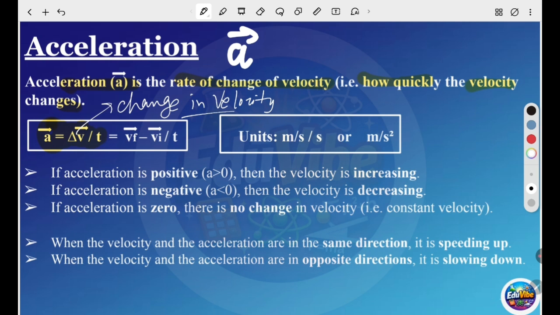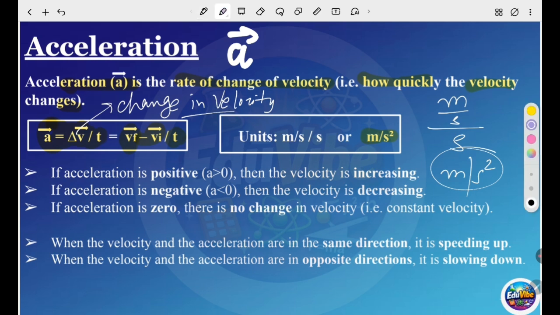The change in velocity is the final velocity subtracted by the initial velocity, upon the time taken. The unit for this is meter per second squared. Why? Because delta v is in meters per second and time is in seconds, and when we divide, we get meter per second squared.